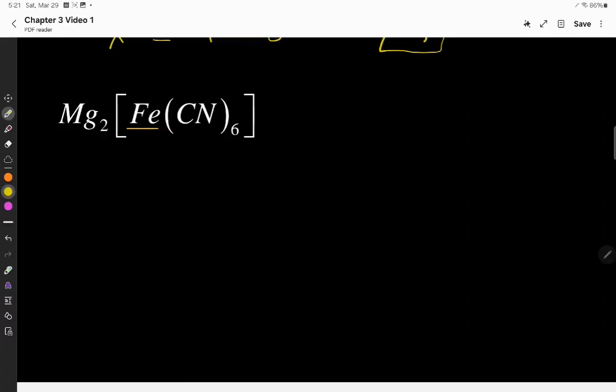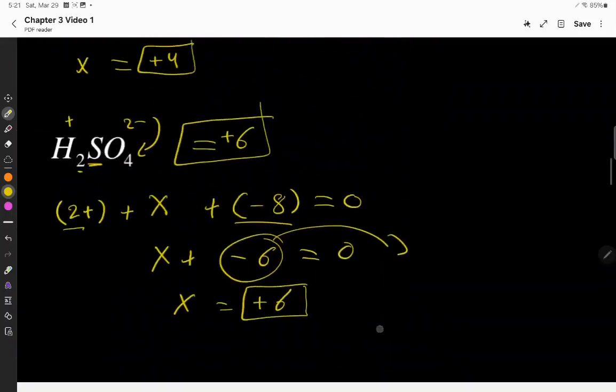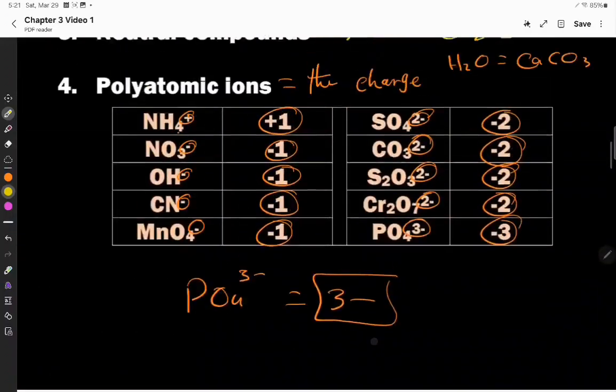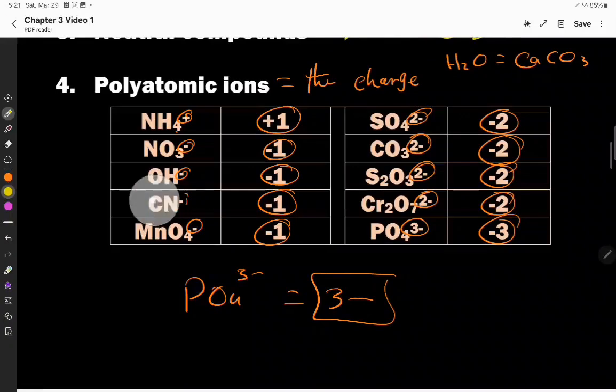In this case, let's see magnesium. Magnesium 2, it has 2 atoms and it is positive 2 magnesium, so that will be 2 times positive 2, 4 positive, plus here iron will be the X, plus CN, it is a group which contains all of its atoms, equal here, this one, CN equals negative 1.